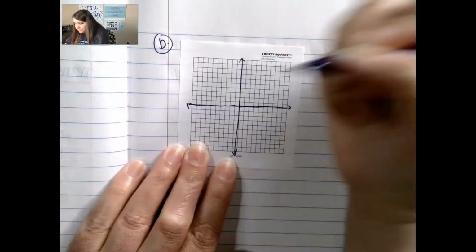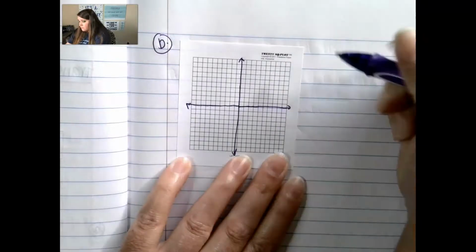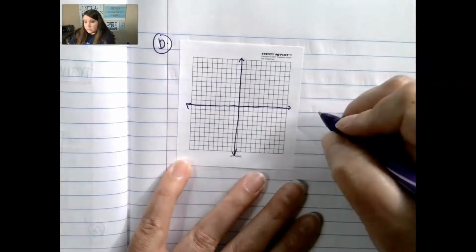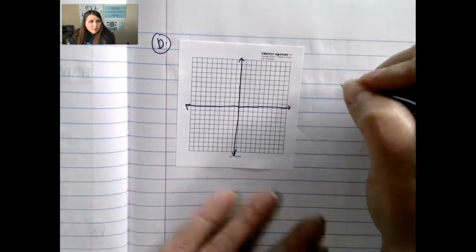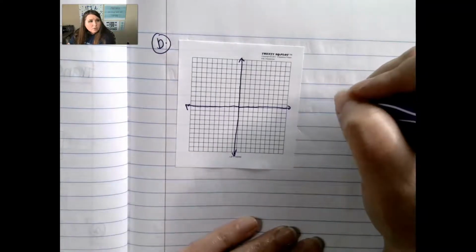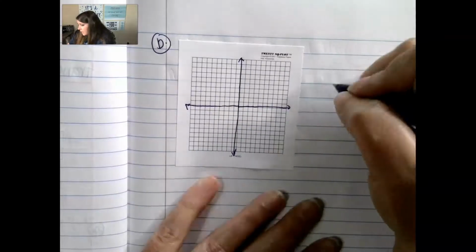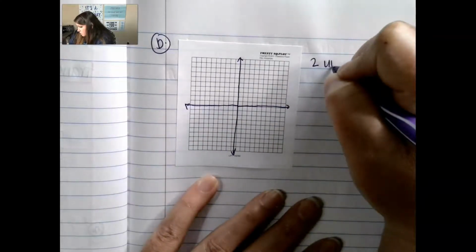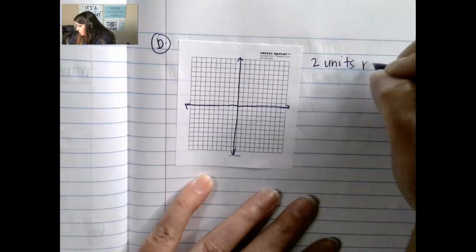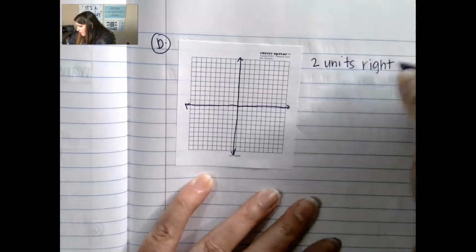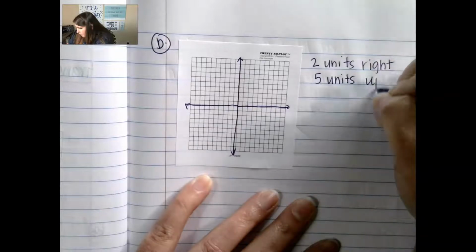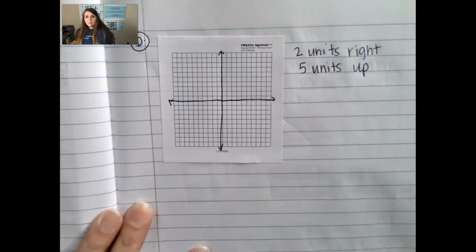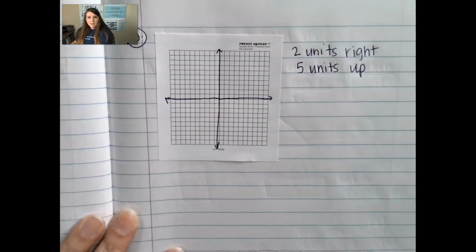Okay, so our first point, let's see what it says. It says that we want to translate the red triangle 2 units right and 5 units up. So 2 units right and 5 units up. Okay, so I'm going to make this a red triangle just like they asked us to.